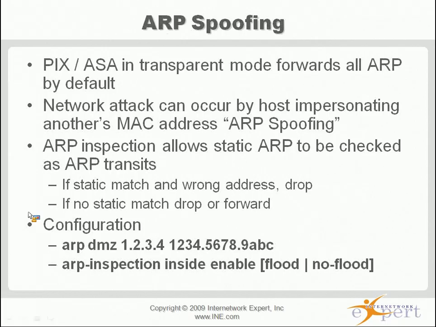So if he hears it on the inside interface, flooding it out the outside. If you want to, you can also override that and not flood that. You can also have static ARP entries with ARP inspection on. If you have static entries and it hasn't seen the other traffic through, or someone's trying to spoof it with a different address, you can go ahead and drop those entries. So additional item that can be configured in there.